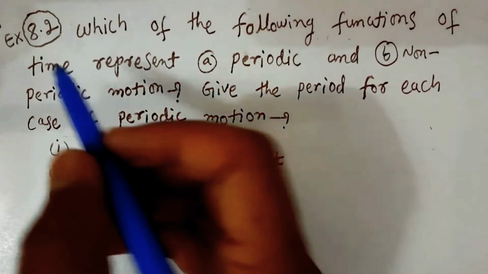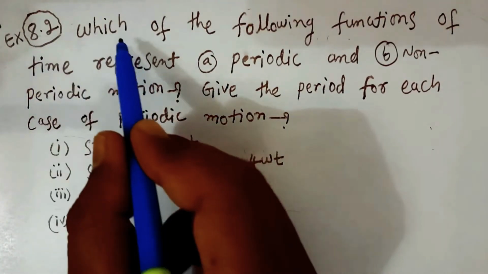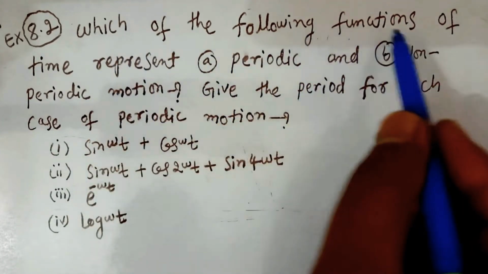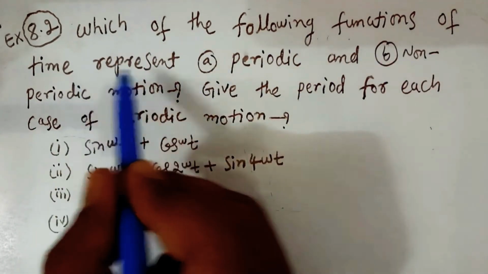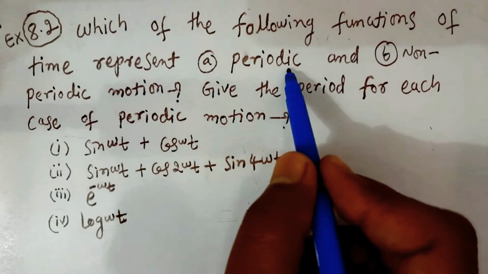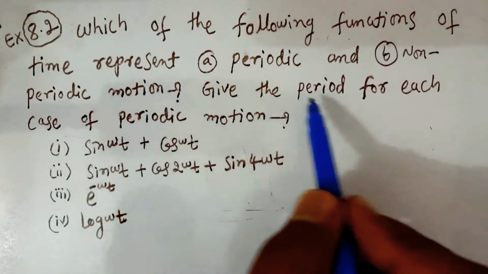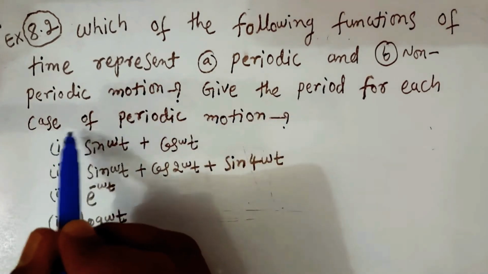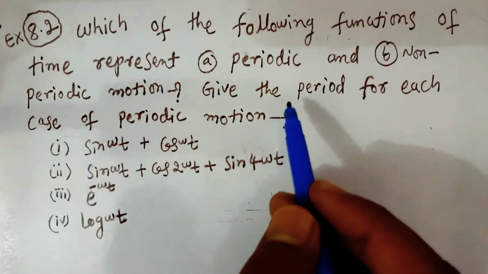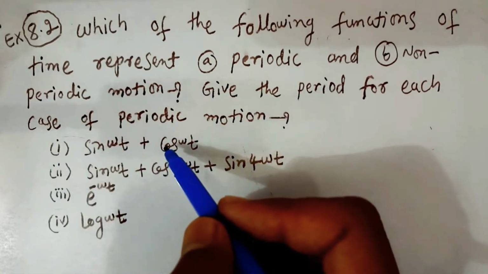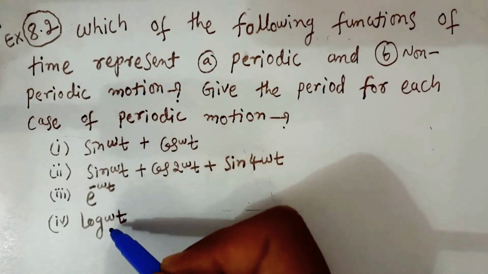Example problem 8.2. Which of the following functions of time represent periodic and non-periodic motion? Give the period for each case of periodic motion. So here some functions are given.